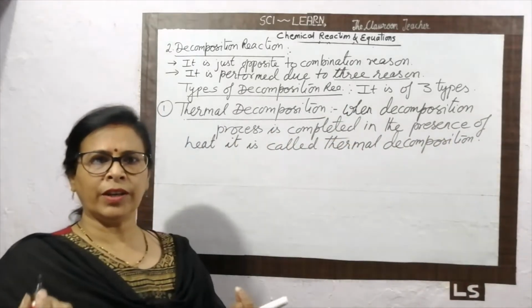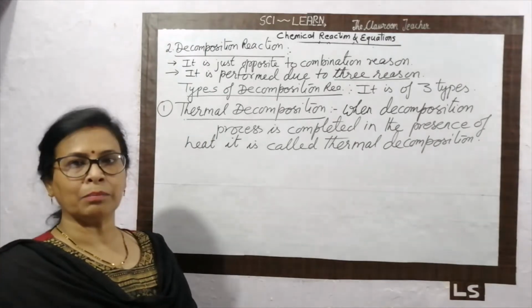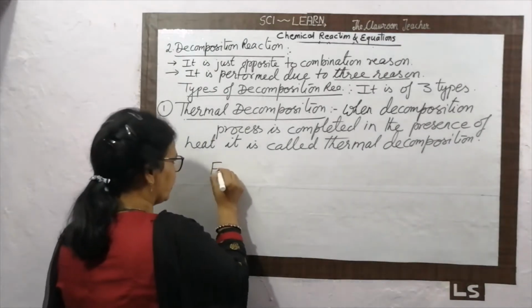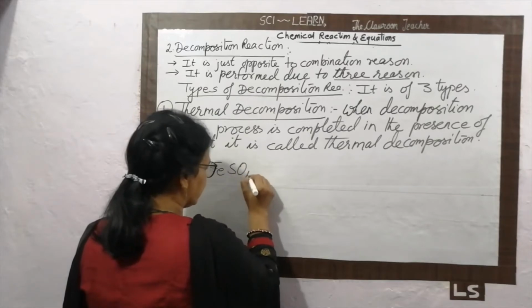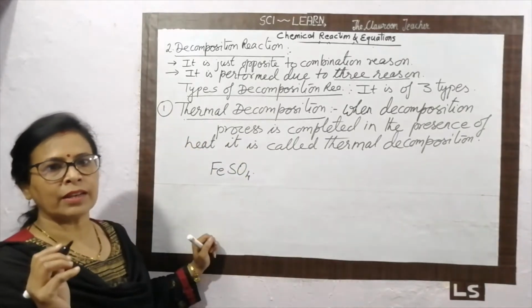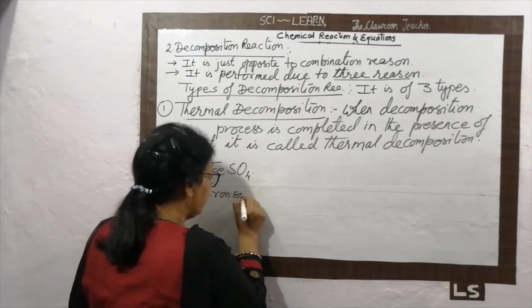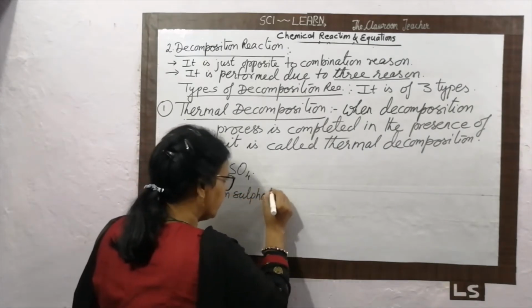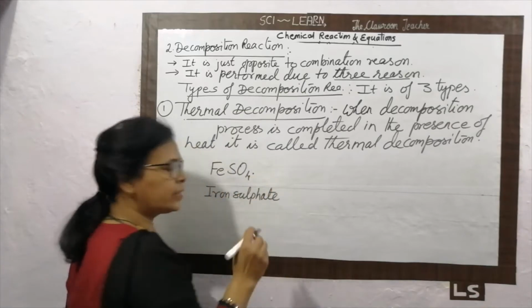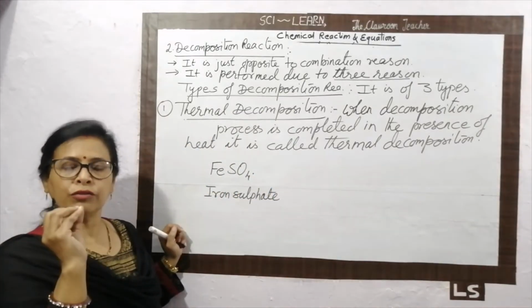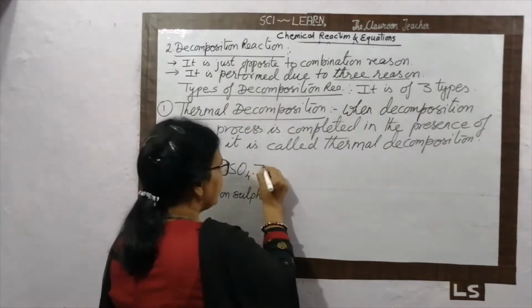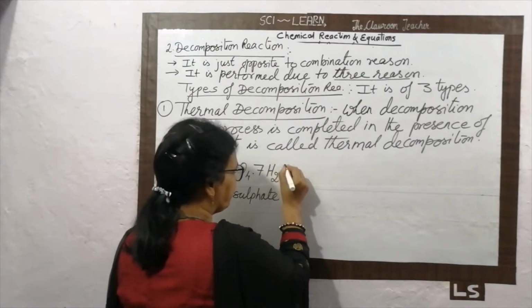One very good example of thermal decomposition is FeSO4. It is a salt called sulfate, iron sulfate. But in natural form, this sulfate contains some water also, called the water of crystallization. It contains 7 parts of water.